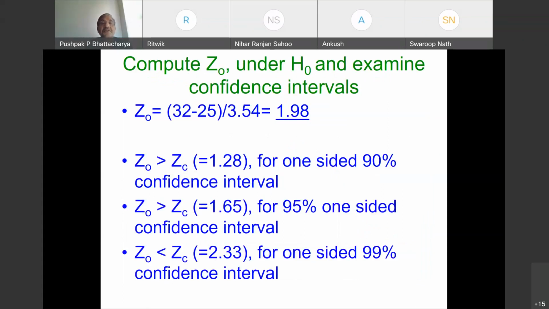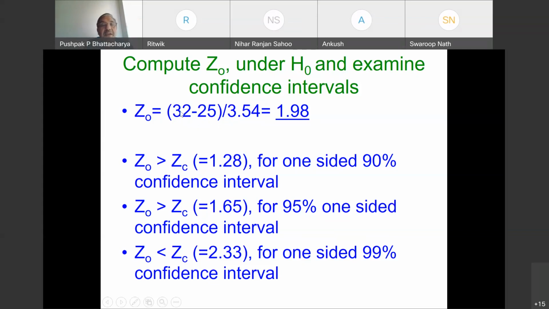This is called the Z test. So we have observed the number of correct tags to be 32, and the population mean under the null hypothesis, if the null hypothesis was true, is 25. Here of course you will come back and ask, how can you say that 25 would be correct if the null hypothesis was true? Let's see the mechanism first.